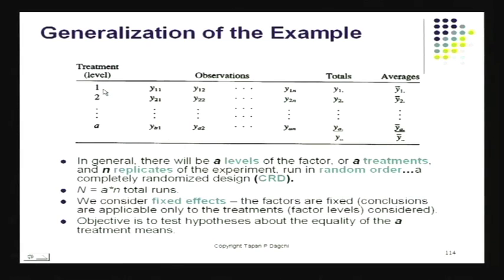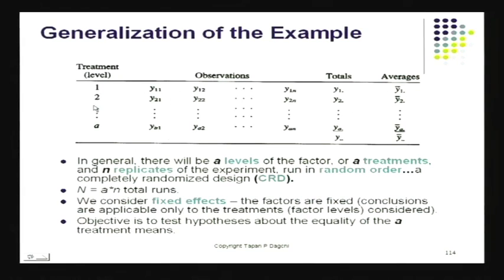Treatment levels are like those 4 settings that I had: 160 watts, 180 watts, 200 watts, and 220 watts. Here, let's say that I've got 1, 2, 3, 4 up to small a, different levels of treatment. And I have replications which go from 1 to n. The average here, y1 bar, is going to be the average response noted at treatment level 1.